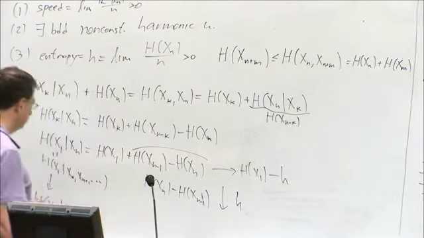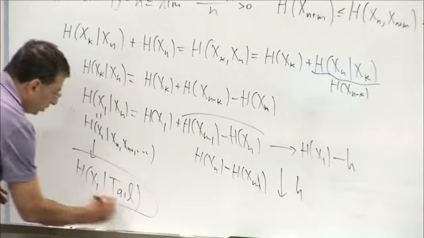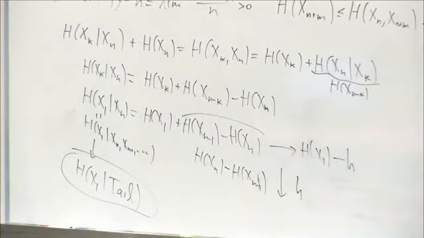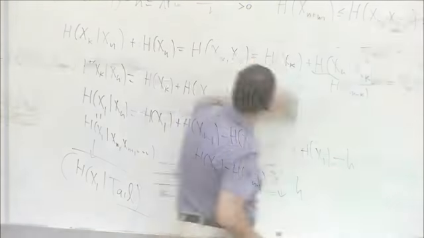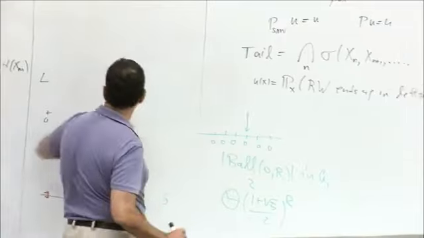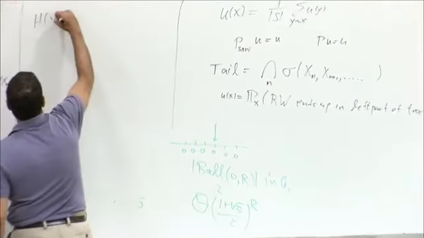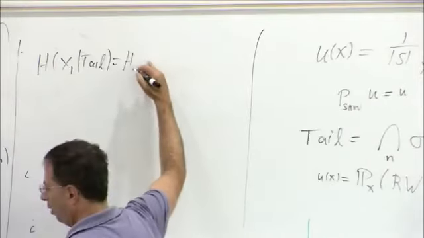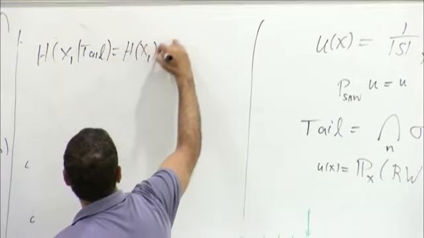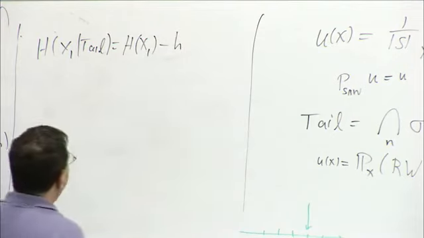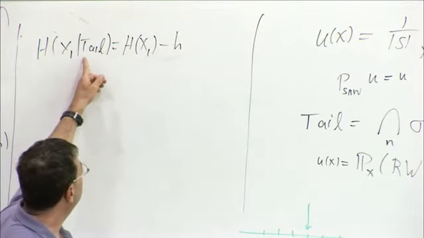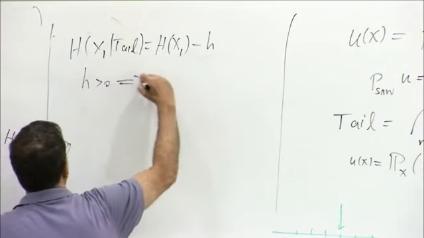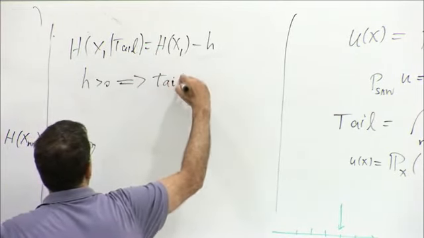So again, we know that this expression here, h of x1 given tail, equals h of x1 minus h. So if h is positive, then conditioning on the tail matters. So the tail is non-trivial. Because conditioning on something trivial won't change anything.